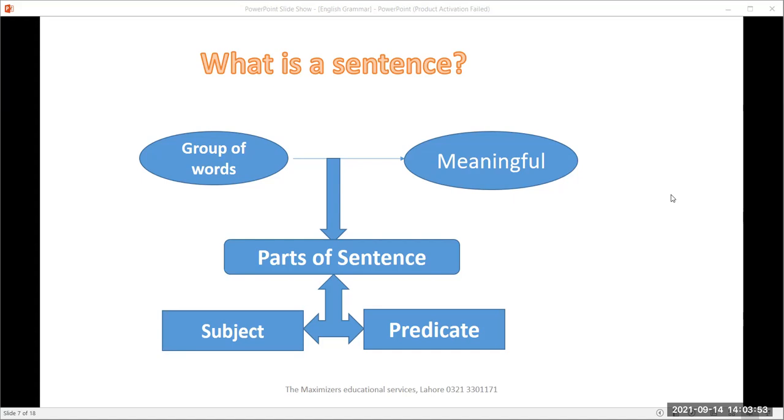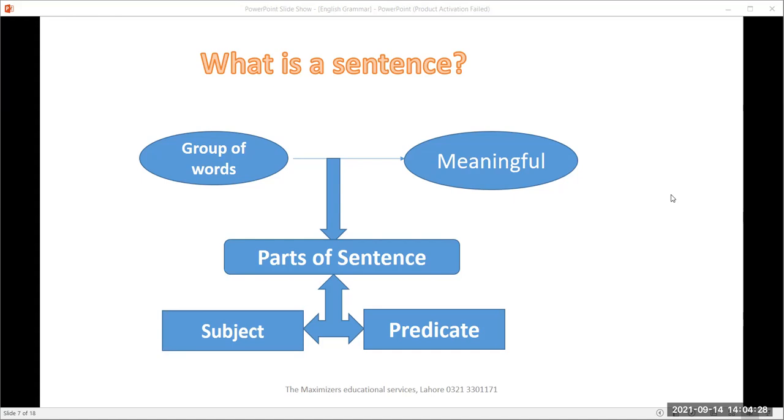So here you can see the definition of a sentence. A sentence is basically a group of words, and these words give you complete meaning. For example, if I say play, so play as a verb has no meaning. But if I add a subject, I play, we play, they play, at least it gives the basic meaning of who is the doer of the activity.